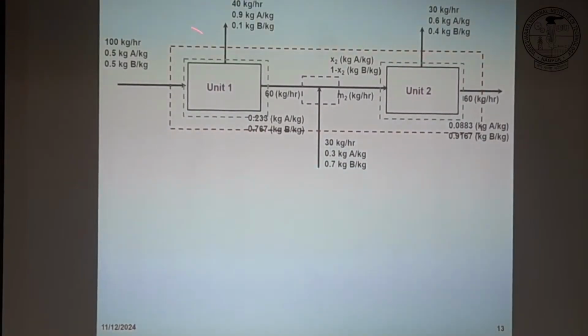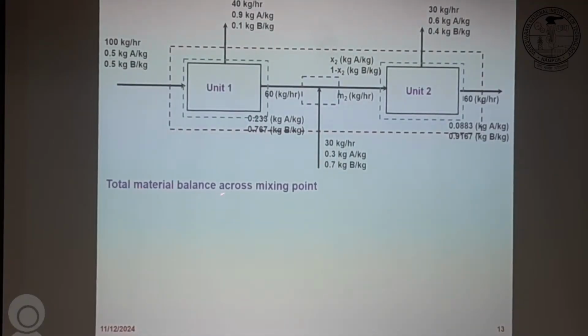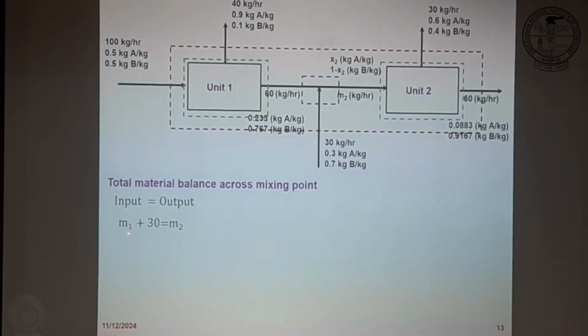Now this information is available, so it is very easy to perform the material balance across this mixing point. Because at this mixing point, this is input stream, this is output stream, and this is also input stream, right? Okay. So the total material balance across the mixing point, which is M1 plus 30 and M2.